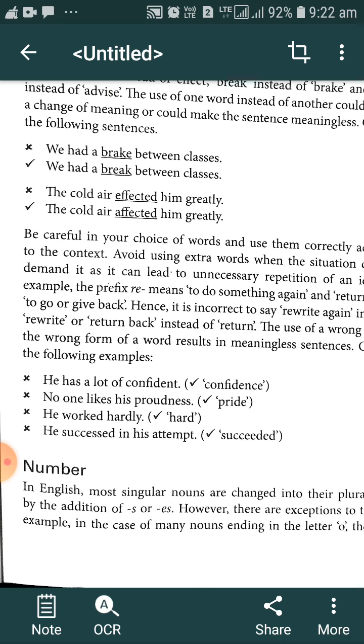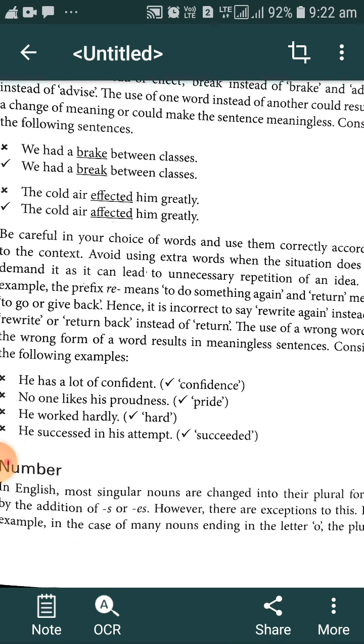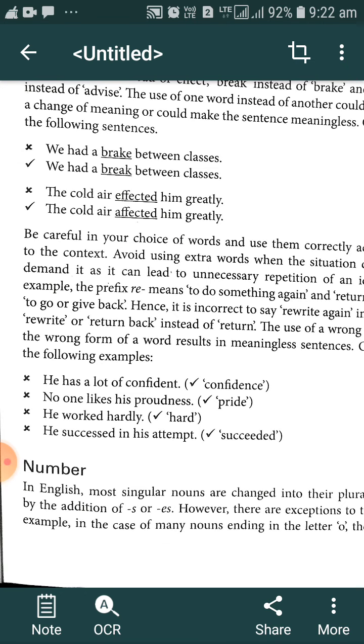If the subject is in singular form, we use the singular form of the verb, means we add s, es as a suffix to that verb. When the noun is in plural form, we don't need to add that type of suffix to the verb form. In the same way, most singular nouns are changed into their plural form by adding s, es.